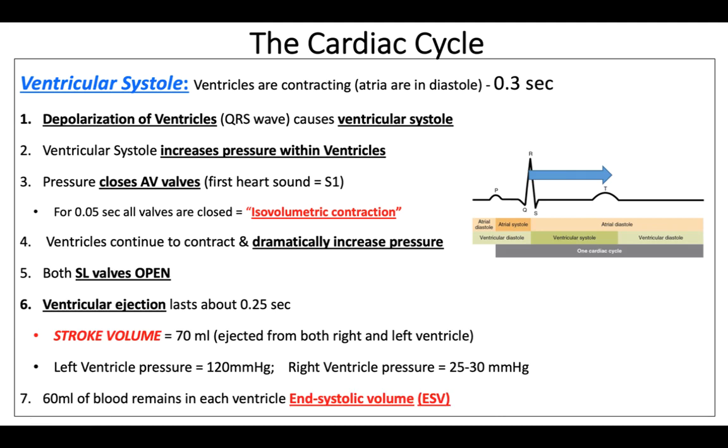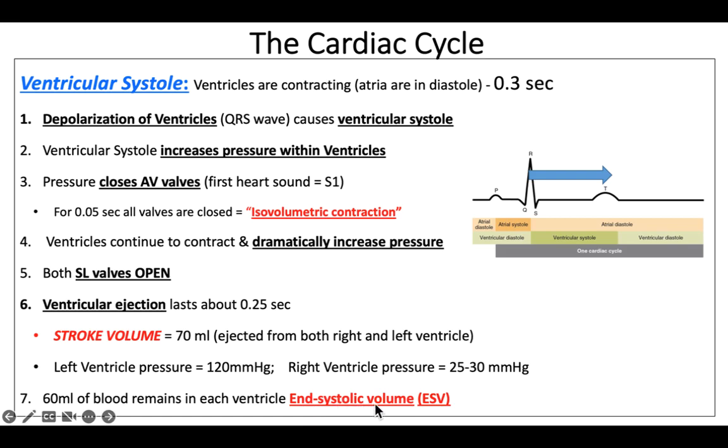What did we leave behind? We left behind about 60 milliliters. Remember, we don't eject the entire volume. We eject about 50-55% of it. So we leave some blood in there, and that volume, that 60 milliliters, is called end systolic volume.